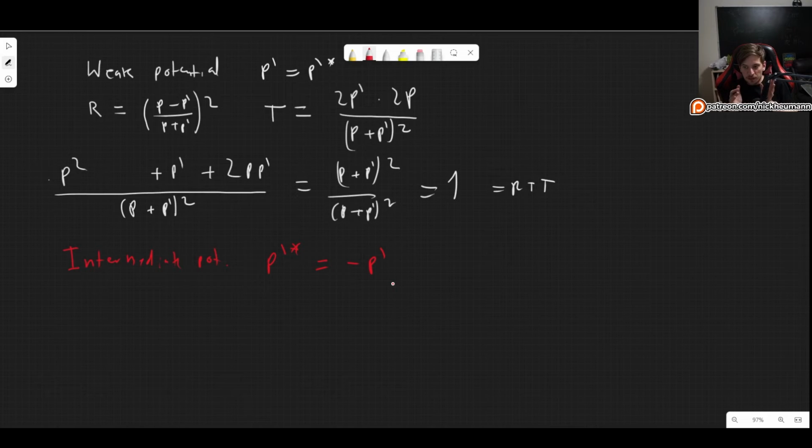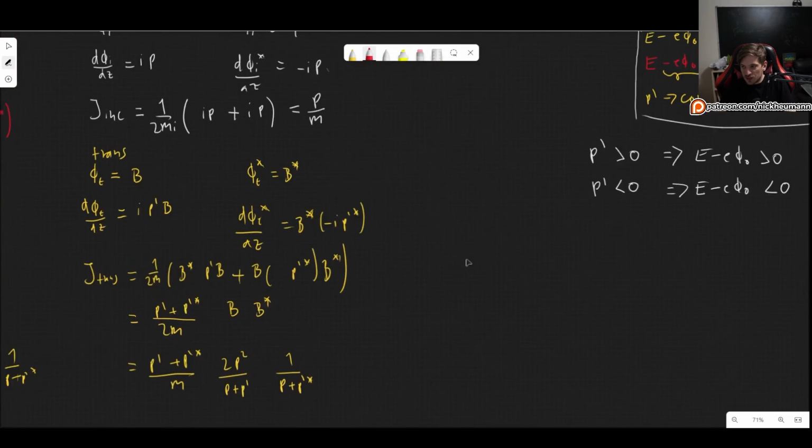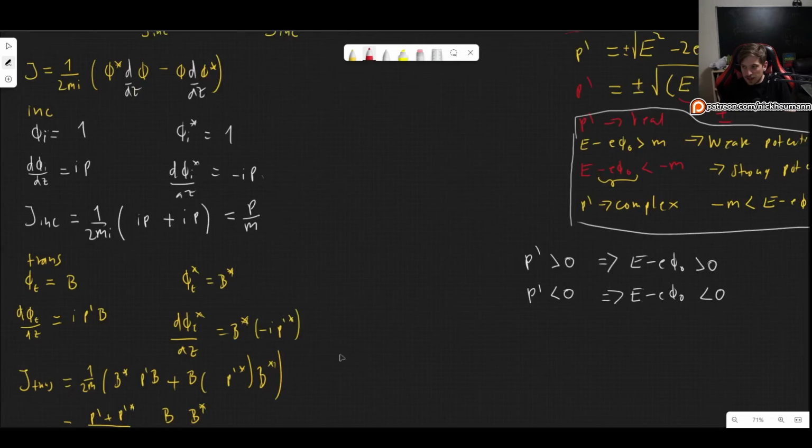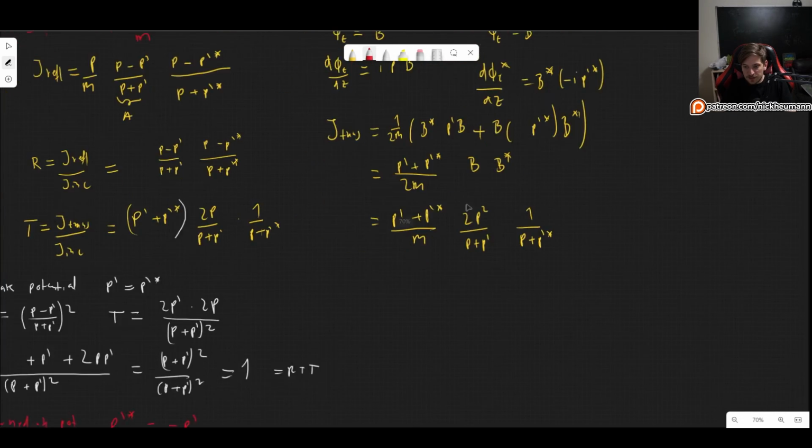There is no real part, so you simply have to put a minus sign in front. Why do we know it? Because this was the original expression, somewhere over here. Yes, this square root. So if this is negative, that means that you have an i, and then you simply have to put a minus sign in front if you take the complex conjugate. So that's why we know that.